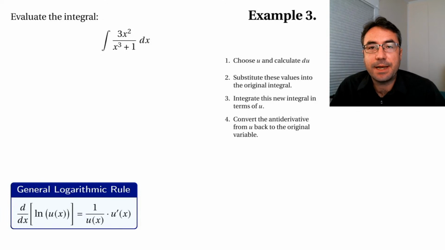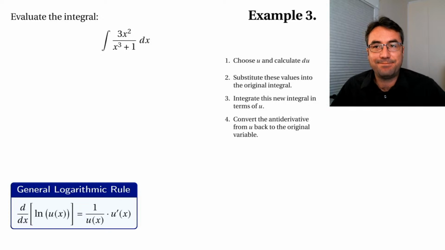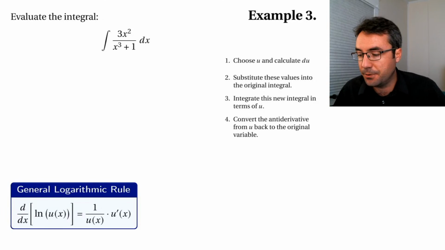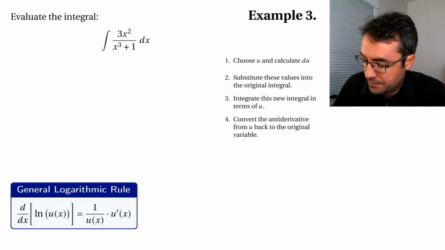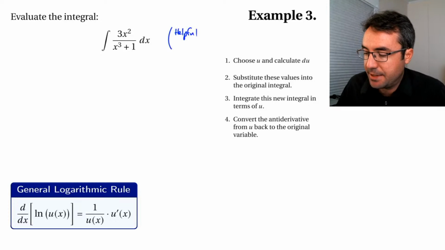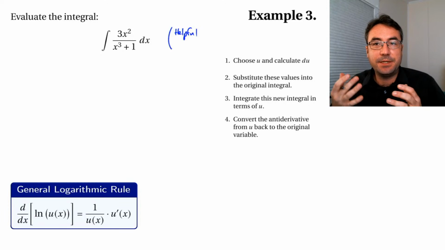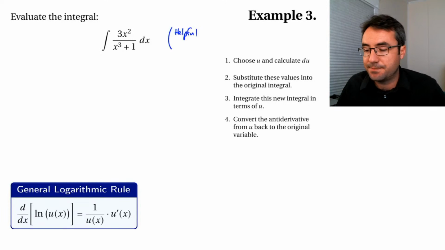And so when you're presented with these functions and it's not necessarily clear what you should pick for u, it's going to be helpful to have little tips and techniques to pick up along the way. It's going to be helpful to separate this function into its separate parts.